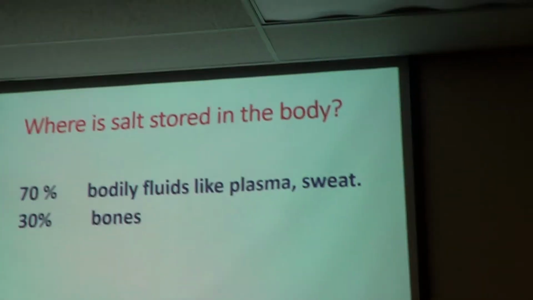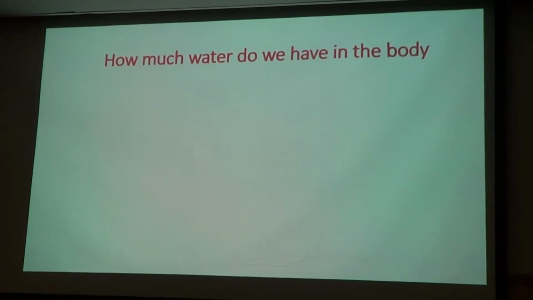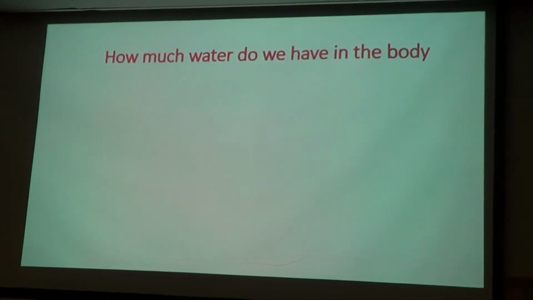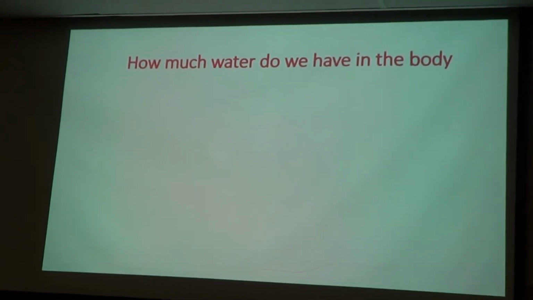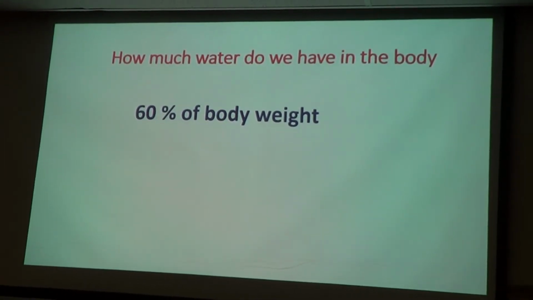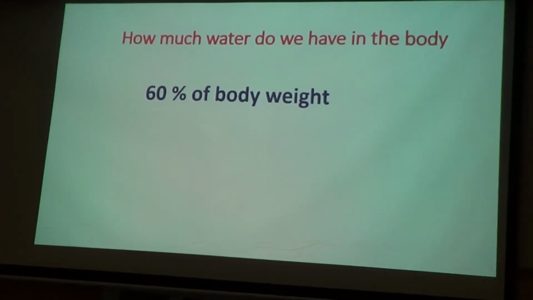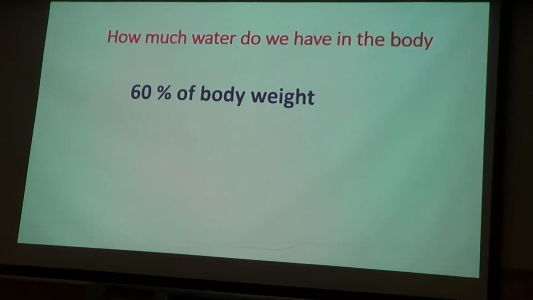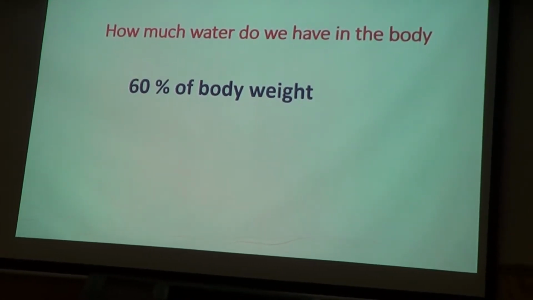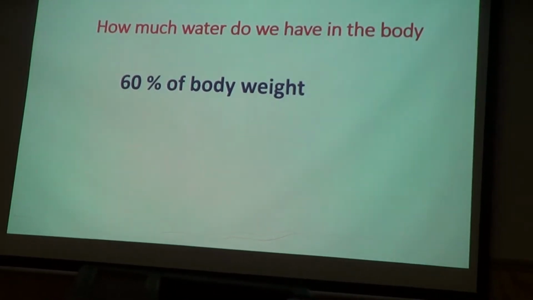How much water do we have? Anybody? How much water do we have in our body? 2/3 of total. 2/3? Pretty close. 60%. So if somebody weighing, again 70 kilograms, we have 42 liters of water in our body. Lot of water we have.